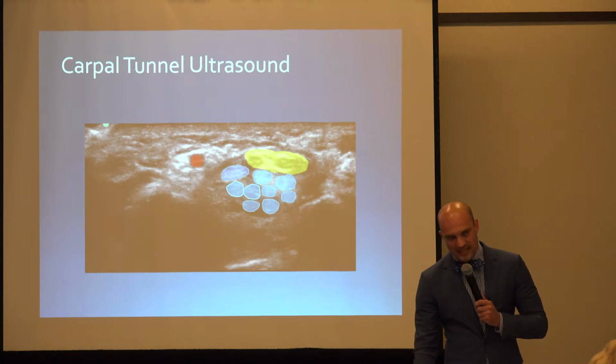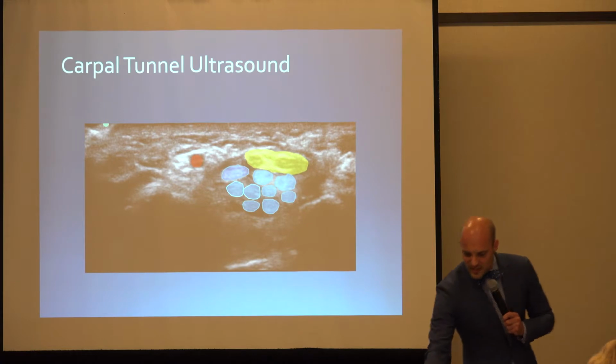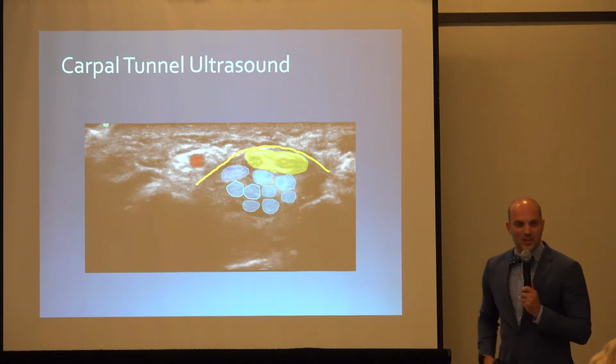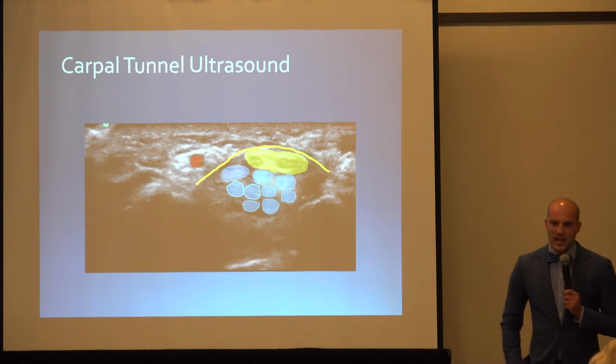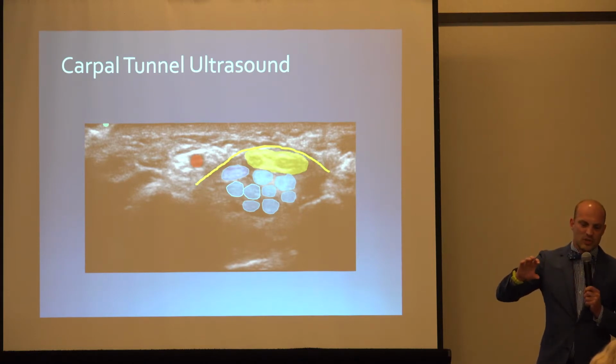The blue is the tendons. And that yellow is the transverse carpal ligament. What you see is the tendons, which are blue, swell from repetitive use, trauma, whatever, and they put pressure on that nerve. That yellow band on the top is what it pushes against.